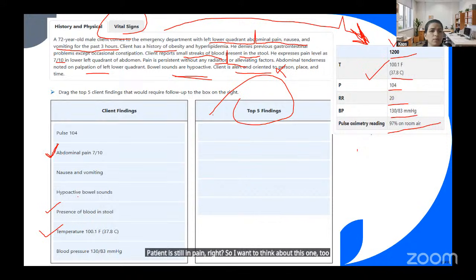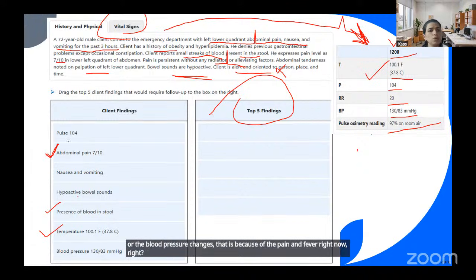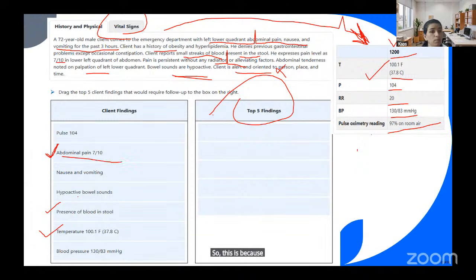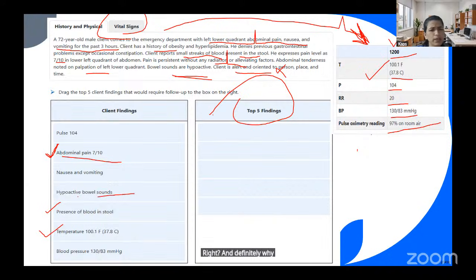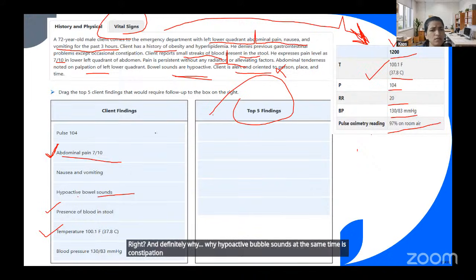I think pain cannot wait right now because that's basically aggravating the other physiological changes. So the pulse, which is high, or the blood pressure changes, that is because of the pain and fever right now, right? So this is because of the abdominal pain. So the abdominal pain, I want to keep it in, right? And definitely the hypoactive bowel sounds at the same time. It's constipation and pain here, right?